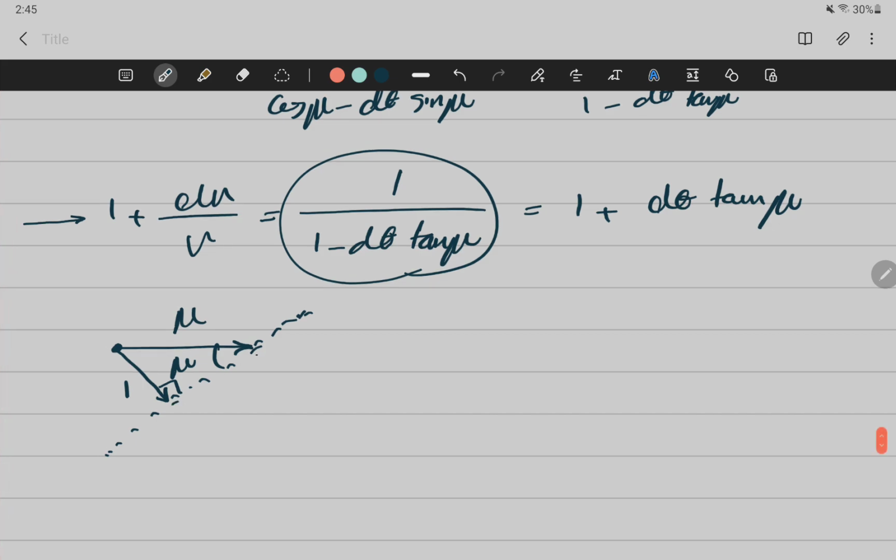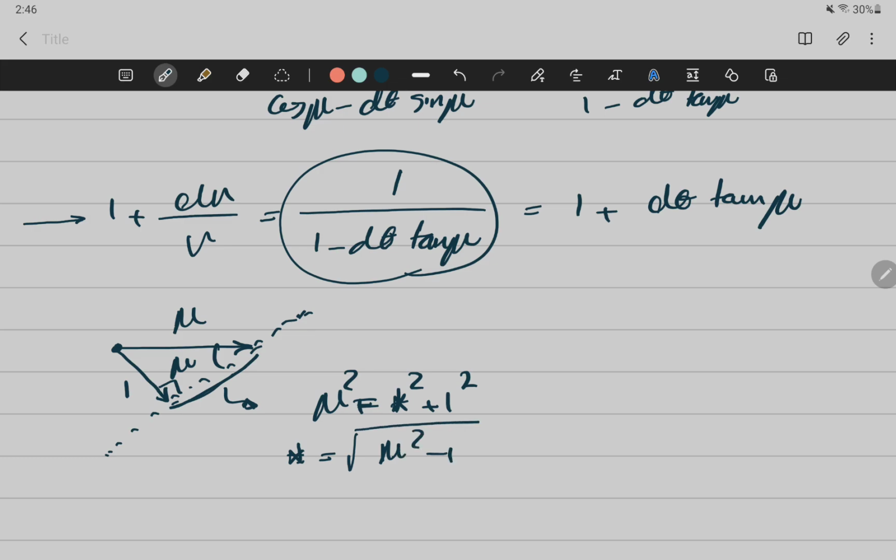And what is this value here? Let's call this a star. By the Pythagorean theorem, M squared is equal to a star squared plus 1 squared. So this star value is equal to the square root of M squared minus 1.